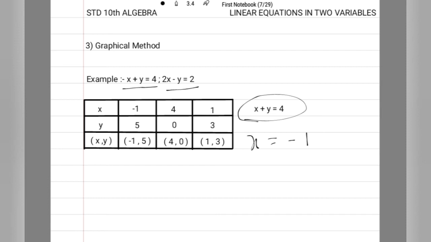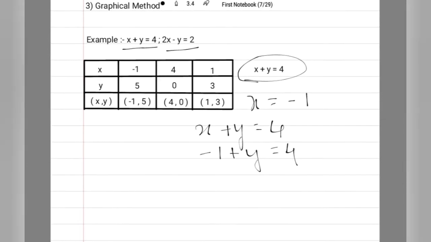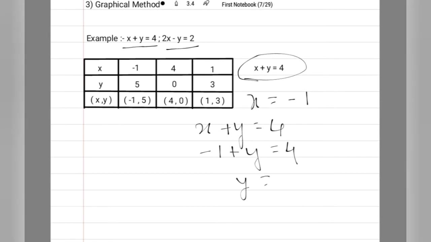Then what will be the value of y? If we substitute x as minus 1 in x plus y is equal to 4, we get minus 1 plus y is equal to 4. Taking minus 1 on the other side, we get y is equal to 5. So we got the first point which lies on the line x plus y is equal to 4.